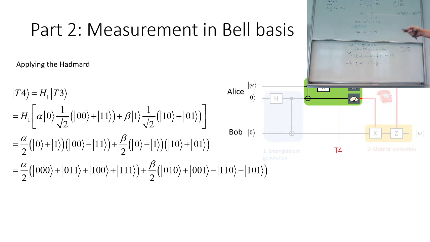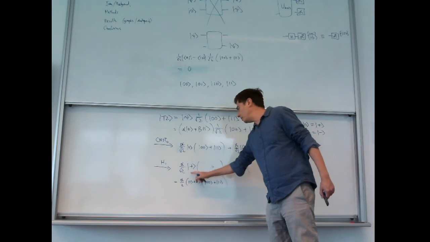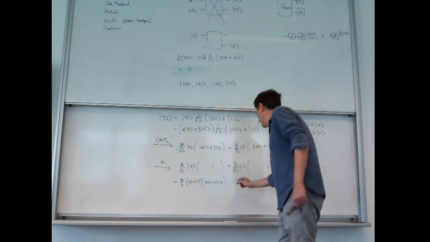Okay, but actually it's easier for the next step if I write this part of the first two qubits in the 0, 1 basis, because that's the basis that we're going to be measuring in. So let me rewrite this. This is going to be alpha over 2, 0 plus 1, that became 2 because there's a root 2 inside the definition of the plus state.